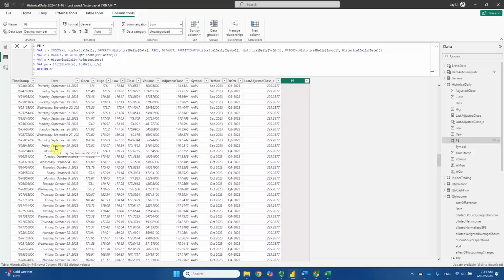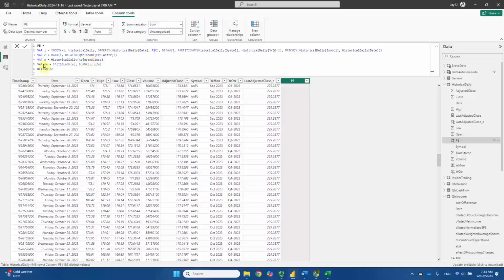So we cannot, based on September 29, retrieve any information for EPS last year, because there's no such date. So the EPS last year is going to be retrieved as a blank value.